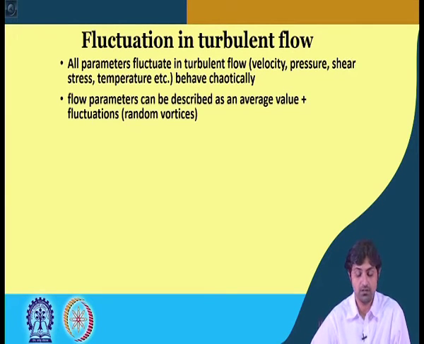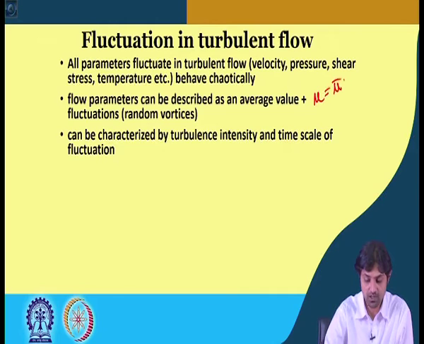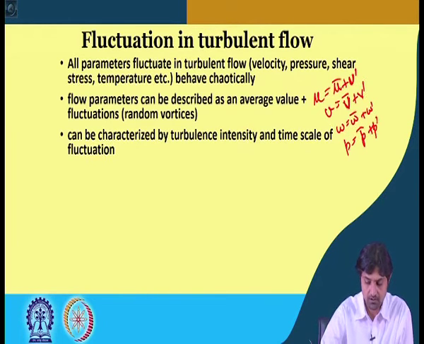This we have already seen many times, that u can be written as u bar plus u prime, v can be written as v bar plus v prime, w can be written as w bar plus w prime, same with pressure. So, this is the average component, the things with the bar, and this is the fluctuating component.